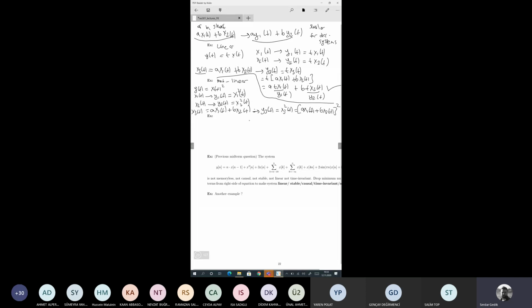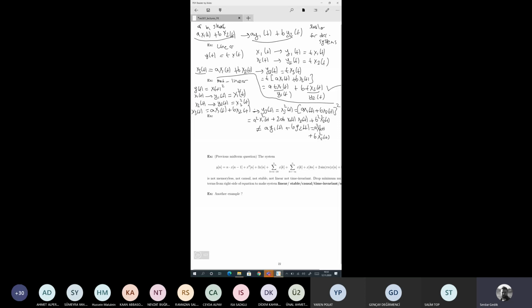And this is of course equal to a squared x1 squared of t plus 2ab x1 of t x2 of t plus b squared x2 squared of t. And of course, this is not equal to a times y1 of t plus b times y2 of t, which is equal to a x1 squared of t plus b x2 squared of t.